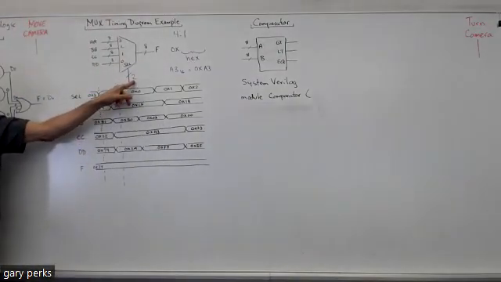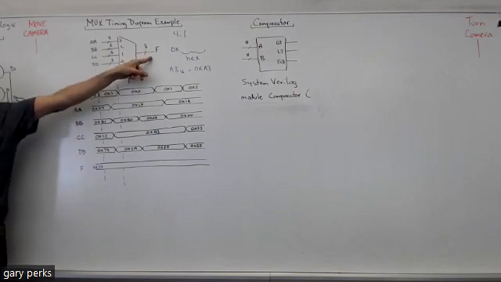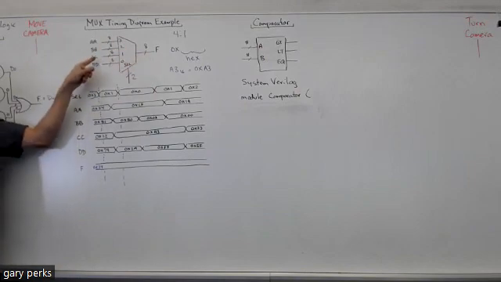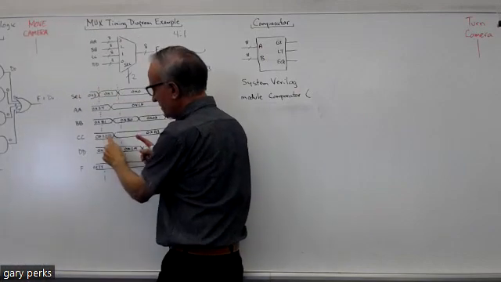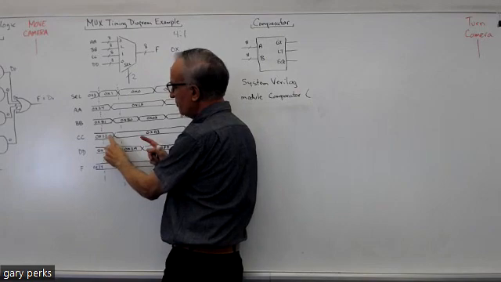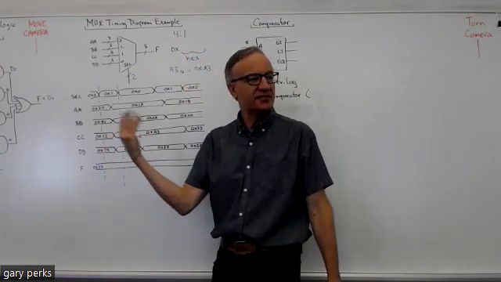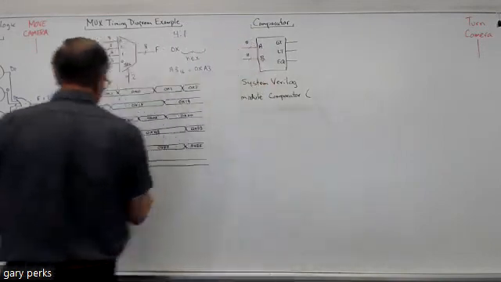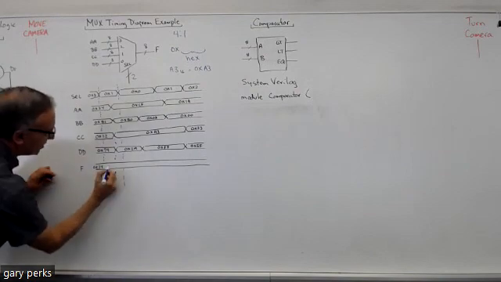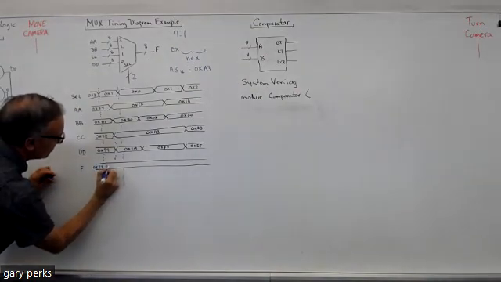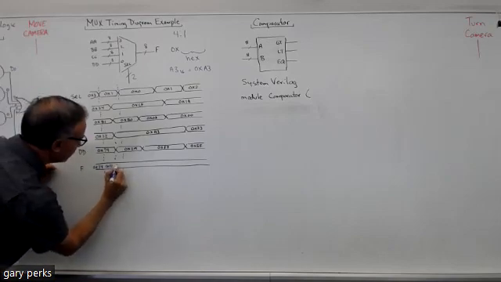Okay, so when this select input is a 1, which data input gets connected to the output? Yeah, CC. So now you look at CC. During this time here, it's hex 22, and then it changes to A3 a little later on.